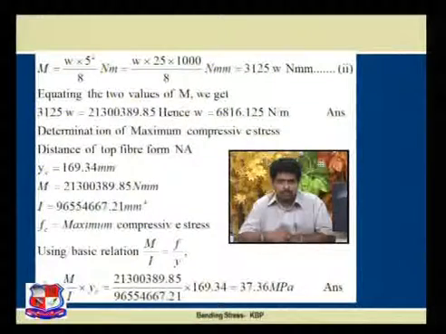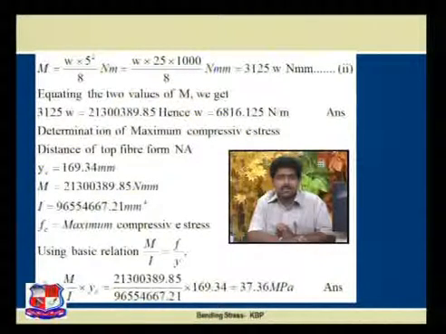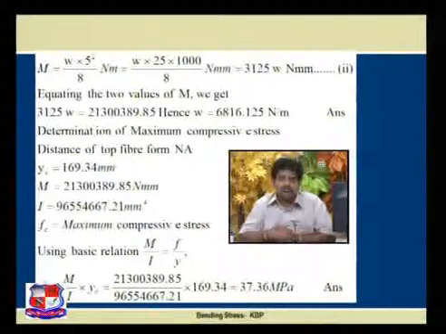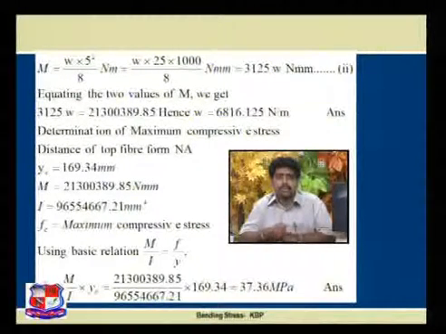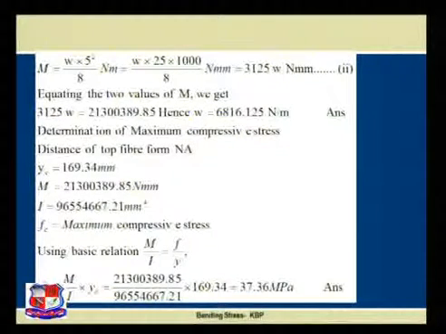The 20 Newton per mm square is the maximum tensile stress developed at the bottom, which is given to us. To find the maximum compressive stress at the top, I have to use YT, that is 169.34 mm, because the compressive stresses will be developed on the top fiber.